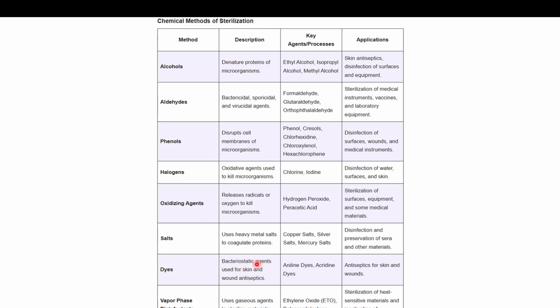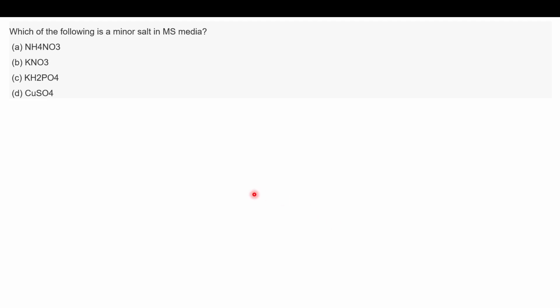They won't kill the bacteria, but can be used for skin and wound antiseptics, like aniline dyes and acridine dyes. And then there are vapor phase disinfectants, which use gaseous agents to sterilize materials, like ethylene oxide and beta-propiolactone, used for sterilizing heat sensitive materials and inactivation of vaccines as well.